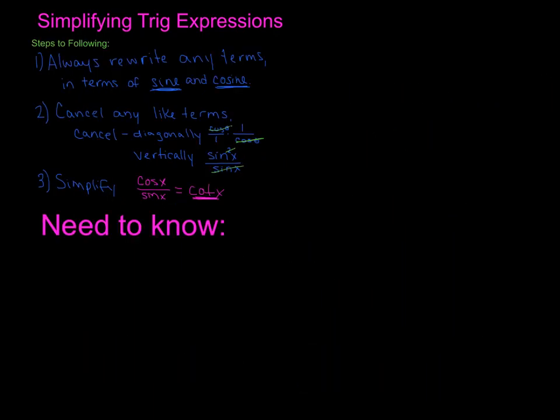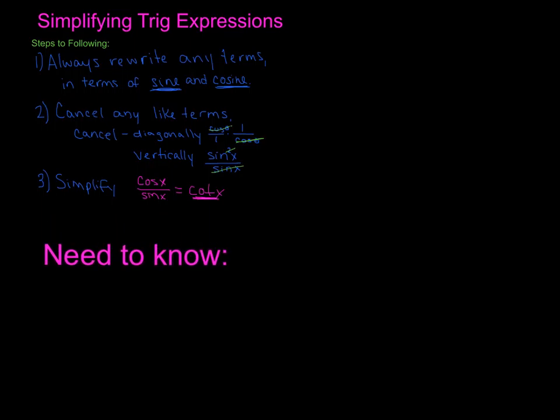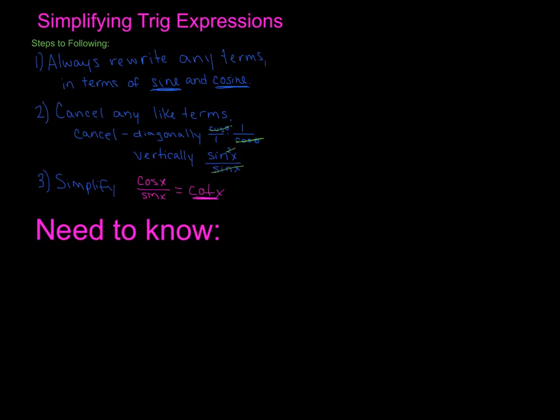There are a couple of things that you need to remember. The first one is tangent x, or theta or whatever variable it is, a, b, is equal to sine x over cosine x. You need to know that.